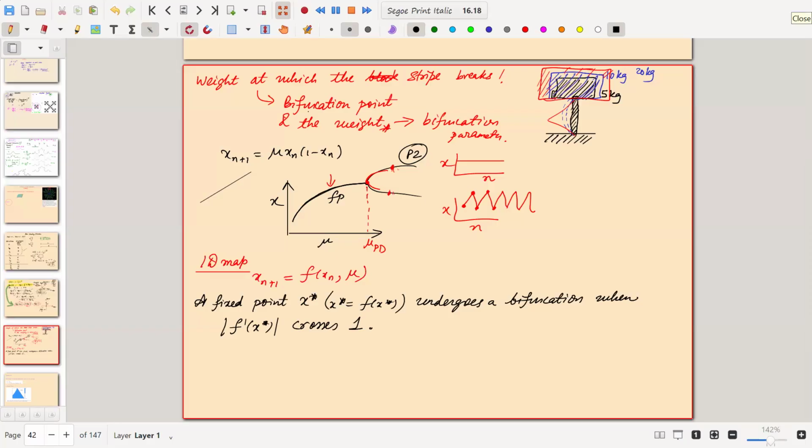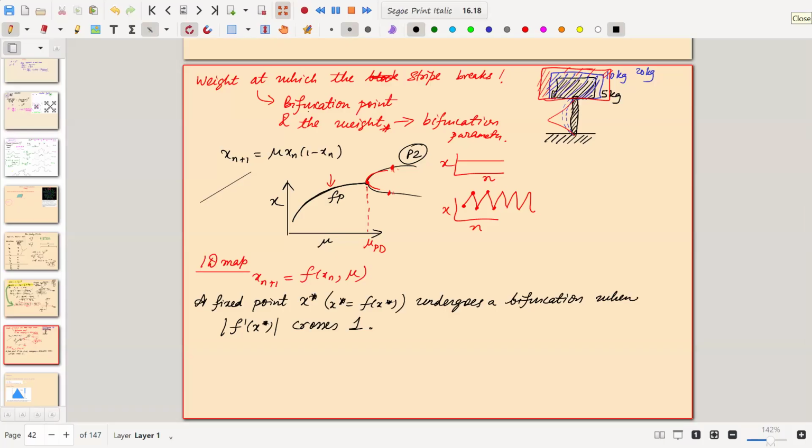But when you consider a two-dimensional map, you have x and y, you will have a Jacobian matrix, like a 2 by 2 matrix. You compute the Jacobian at the fixed point, that means the eigenvalues at the fixed point, and those eigenvalues determine the stability. The condition is that all eigenvalues are less than 1 for stability.